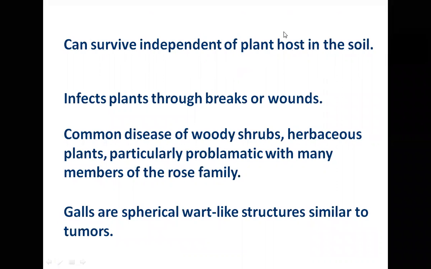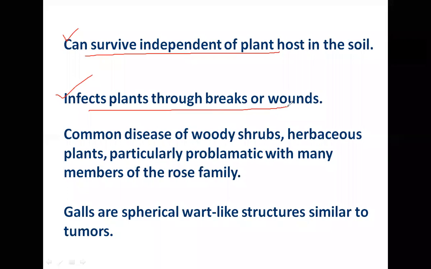Now, this particular bacterium can survive in the soil independent of the plant host. It can survive even without the plant host, remaining in the soil in a viable condition. It infects plants through breaks or wounds.